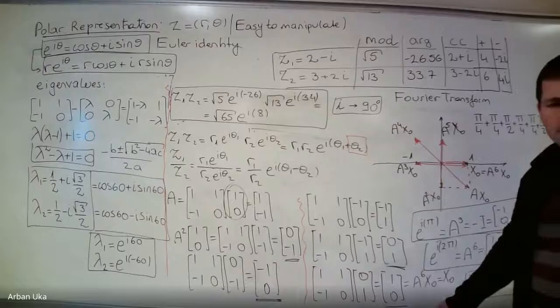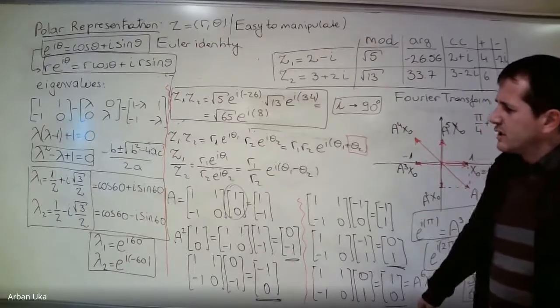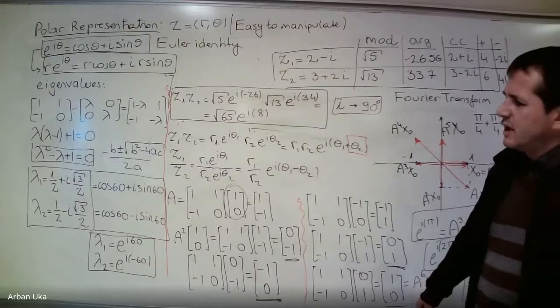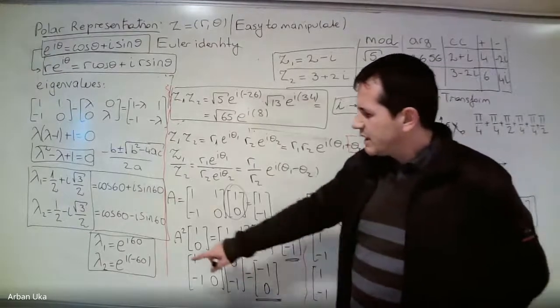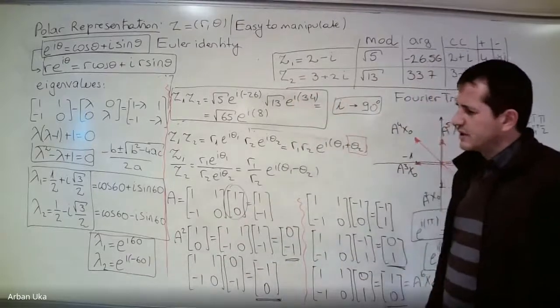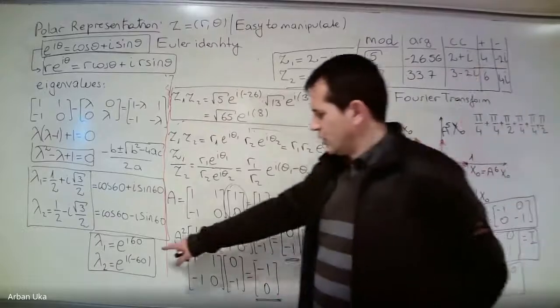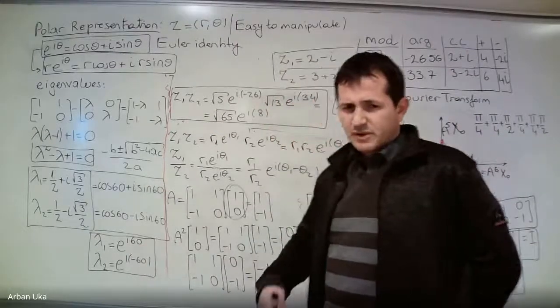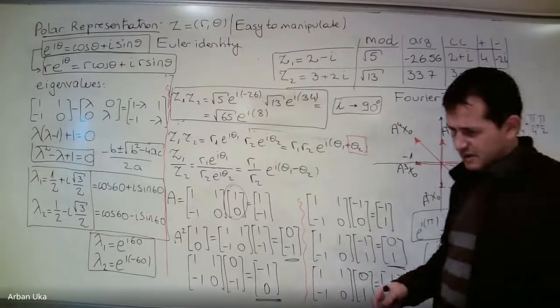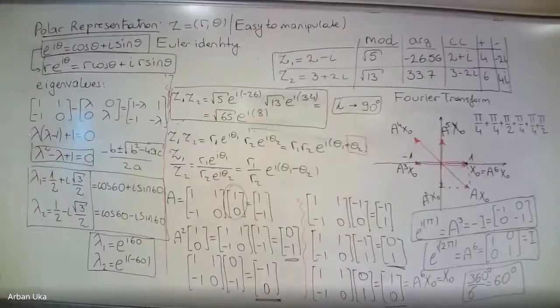Apparently, this is a rotational matrix. Whatever this rotational matrix can do on any vector on the Cartesian coordinate system can be equivalently done by the eigenvalues lambda 1 and lambda 2, because they simply represent a rotation of 60 degrees. So if you multiply 6 times, you rotate 60 degrees 6 times, so we get 360. Is it clear?